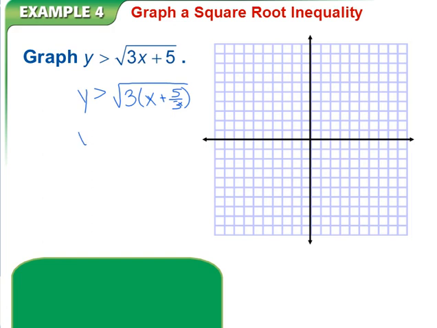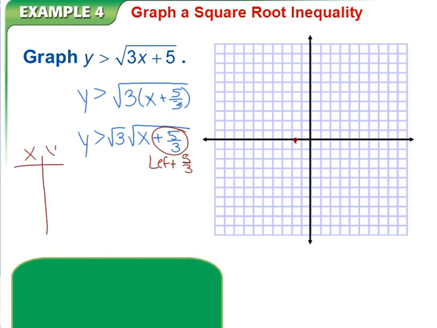Now I split that apart. That's the square root of 3 times the square root of x plus 5/3. All right, if I'm ready to graph this then, this part right here tells me to go to the left 5/3. So 5/3 is 1 2/3. So I go over a block and then another 2/3. Now I need to set up my table to know where to go from there.